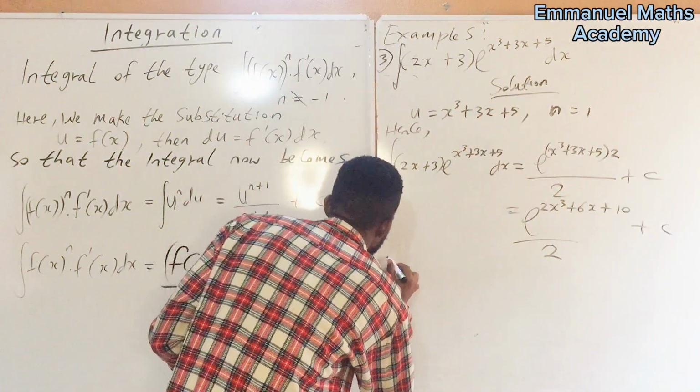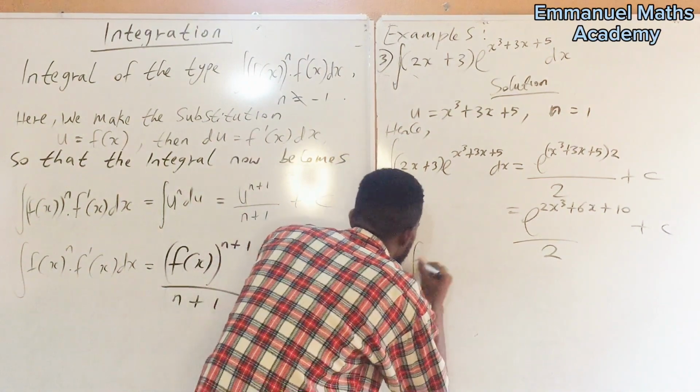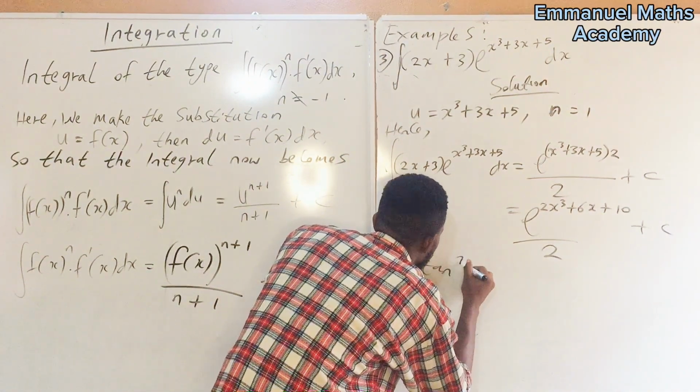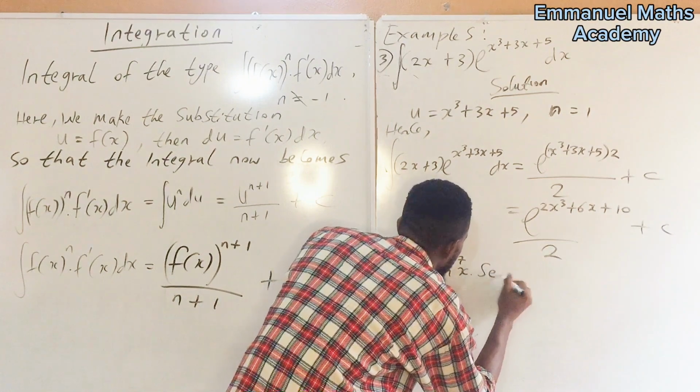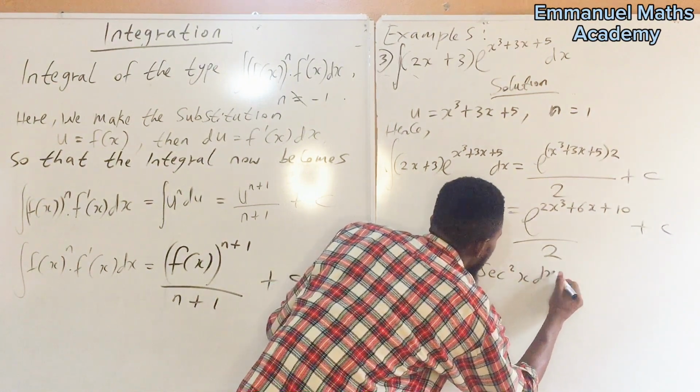Now let's look at example 4. Integral of tan^7 x sec^2 x dx.